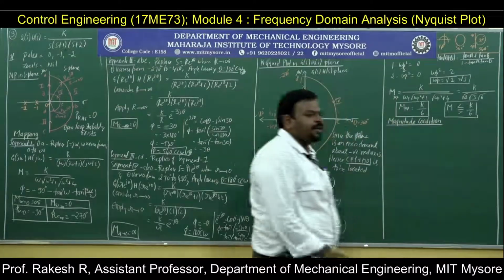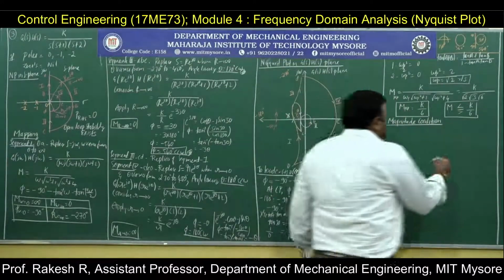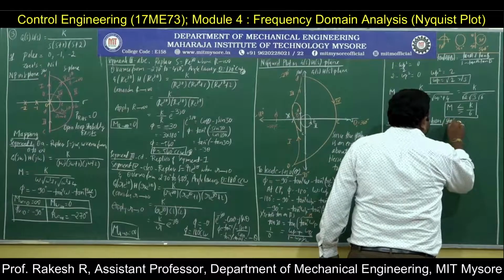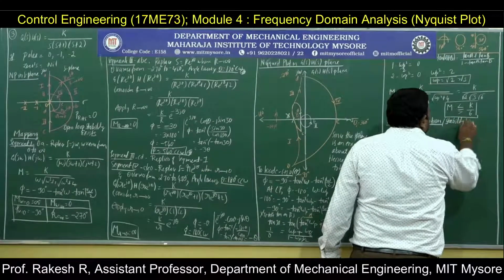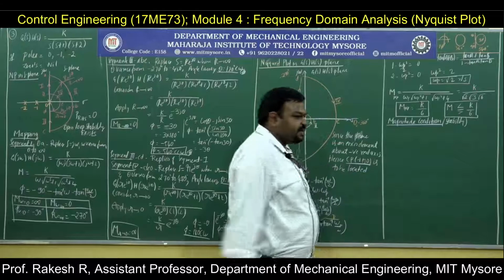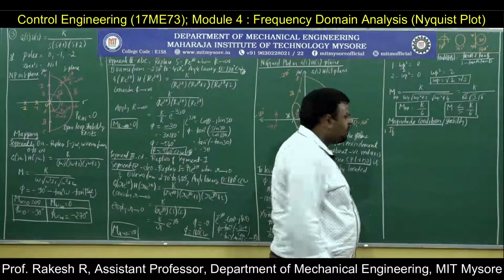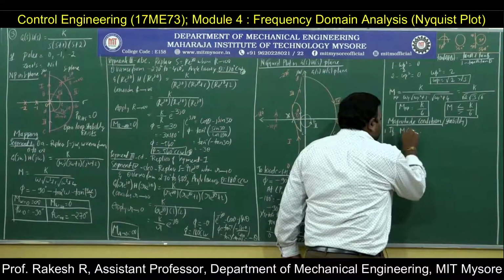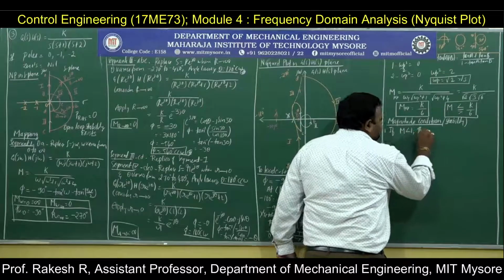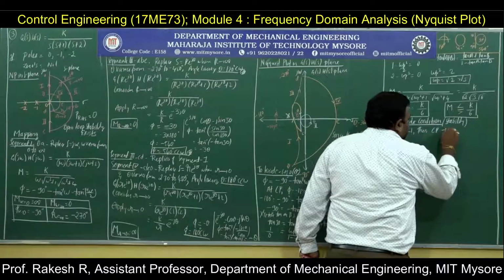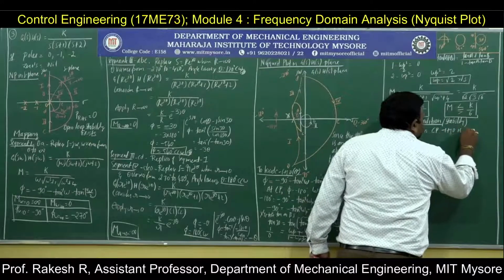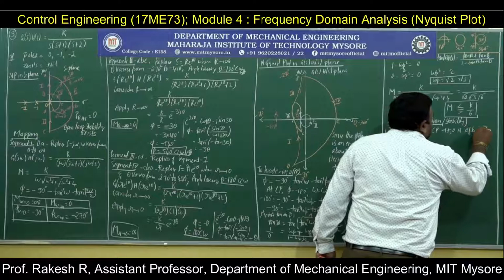So, just I will write magnitude conditions or stability considerations because I am basically commenting on stability. So, first I will take case 1. If magnitude is less than 1, then critical point minus 1 plus j0 is after the plot.